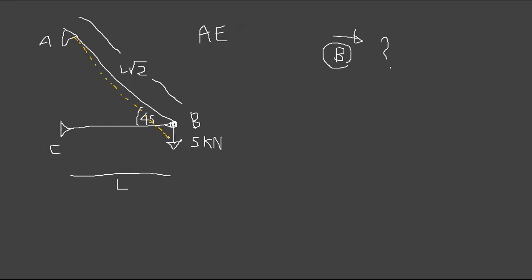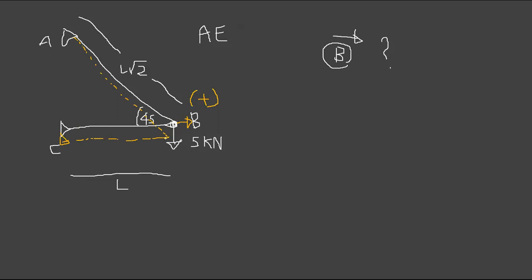That means this member will compress, right? So you push it and it will try to shorten. So if you consider this as positive, the displacement at B will most likely be a negative value.